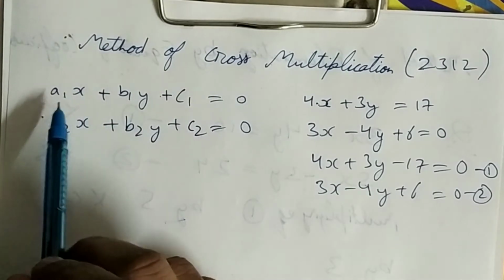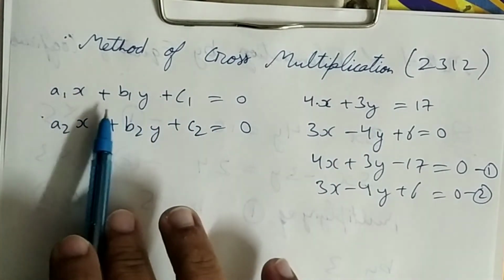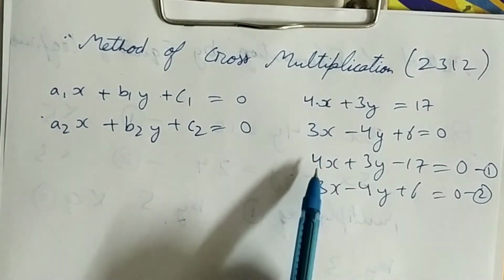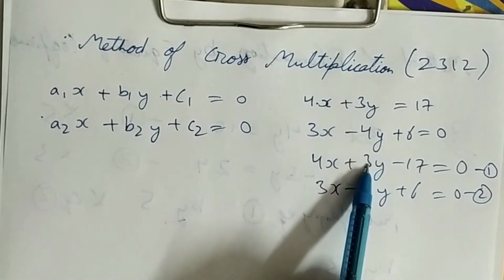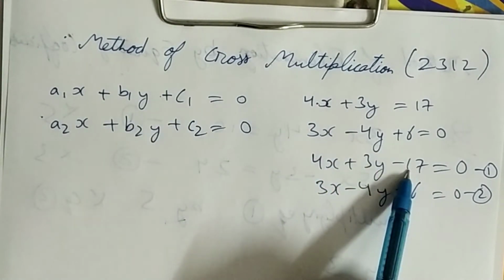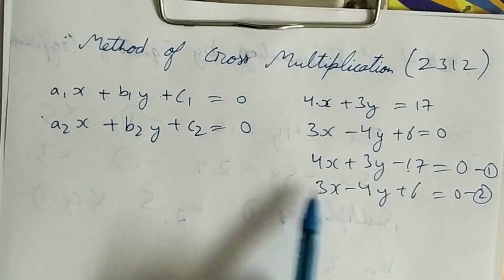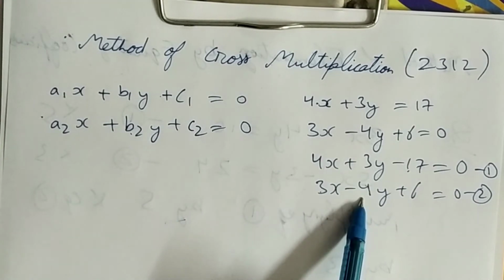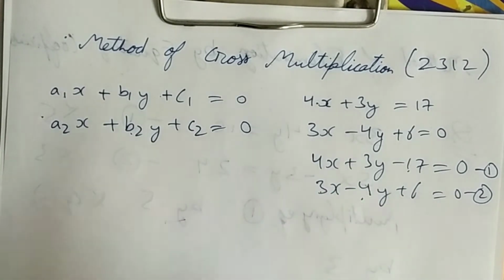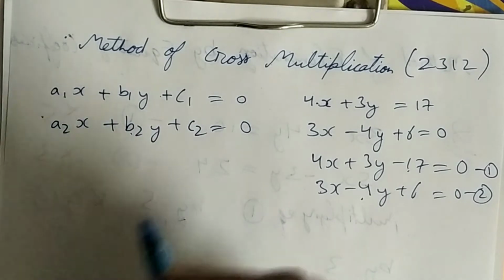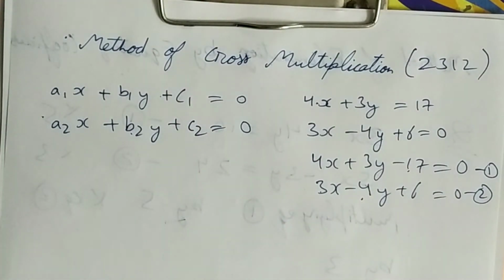So now if we look at this reference equation here, a1 is 4, b1 is 3, c1 is minus 17, a2 is 3, b2 is minus 4 and c2 is 6. Now why do I call it the 2 3 1 2 method?